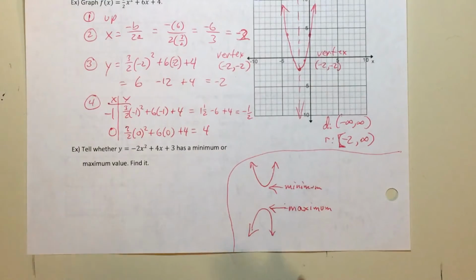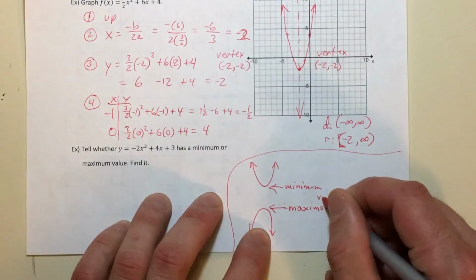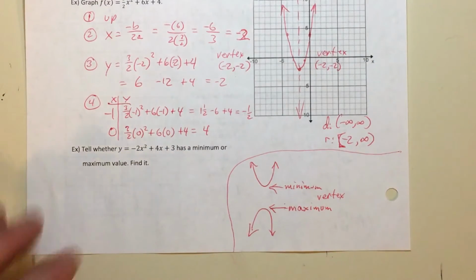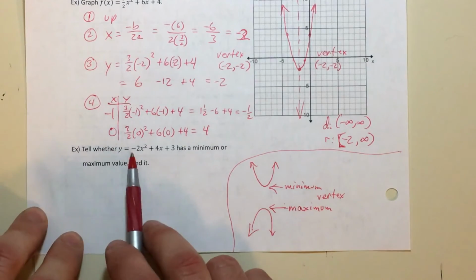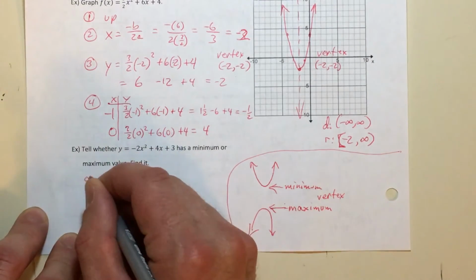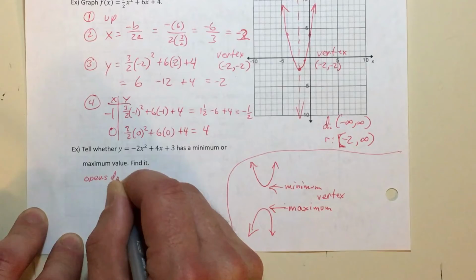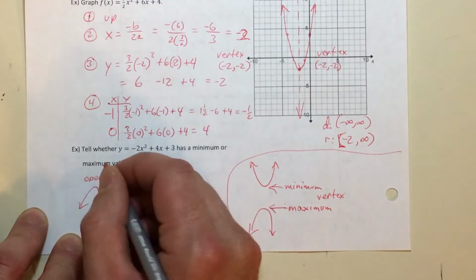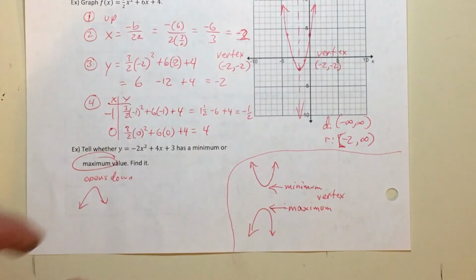All right, now what you may notice is that those minimum and maximum values are actually found at the vertex. So on this example, where it says to tell whether it has a minimum or maximum value and then find it, we're going to have to determine first off if it opens up or down, because that negative, it opens down, which means it's going to have a maximum value.